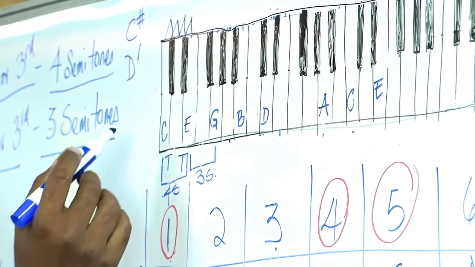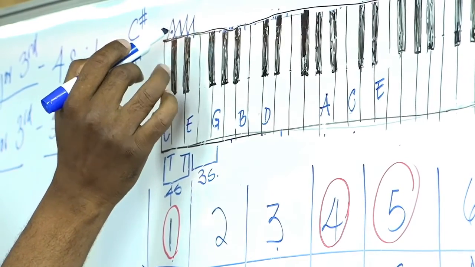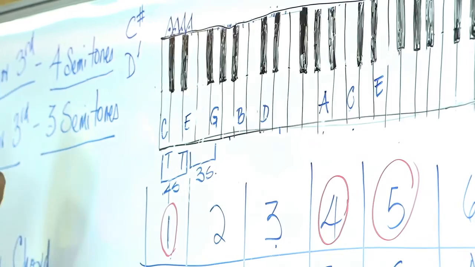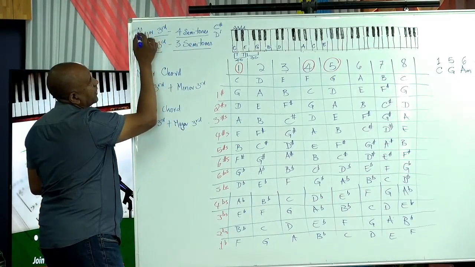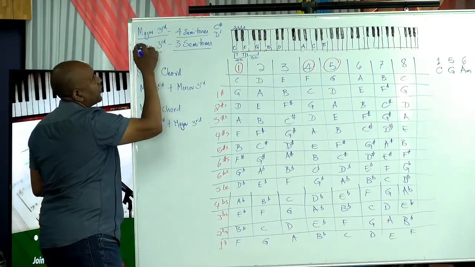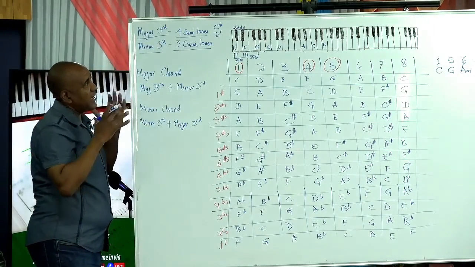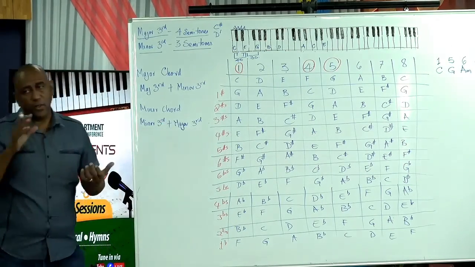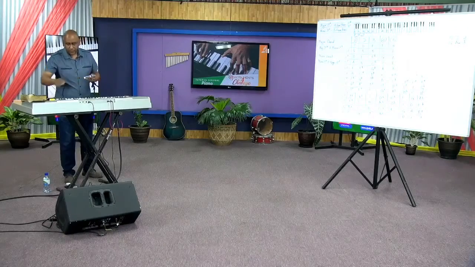So right here, we have how many semitones from C to E? 1, 2, 3, 4. And when we have 4 semitones, it is a major third. So remember, 4 semitones, that interval is called a major third. Now let's look at the second half of the chord, and I'll use a different color to highlight that.